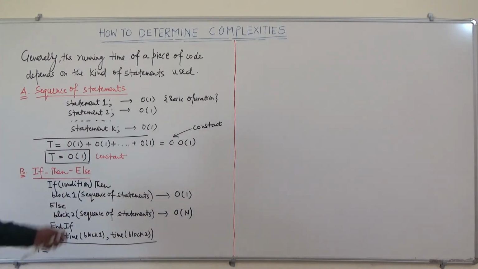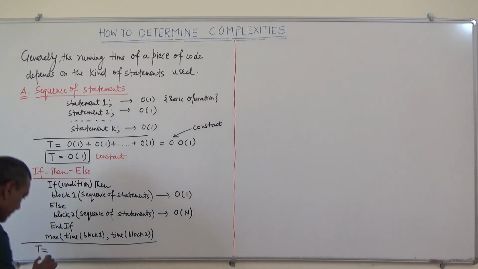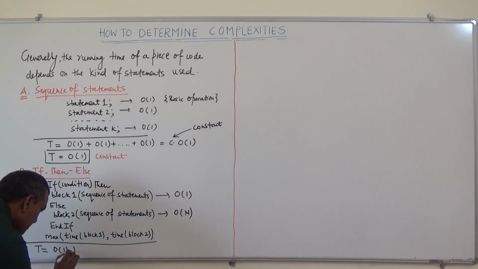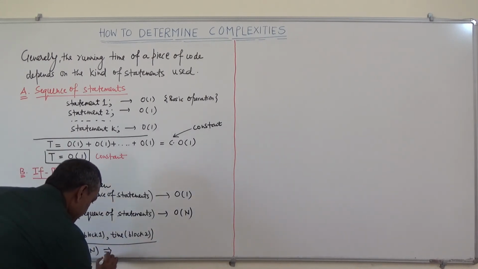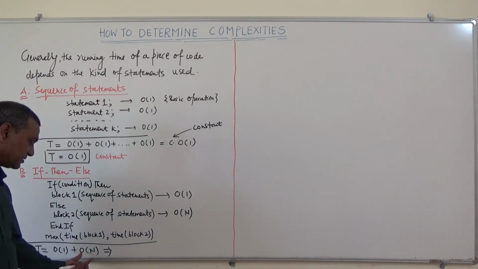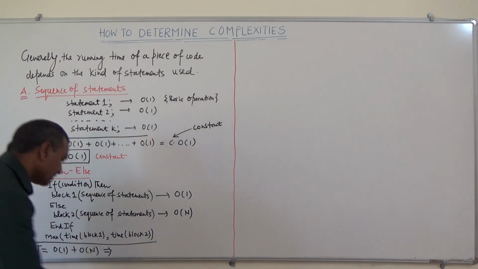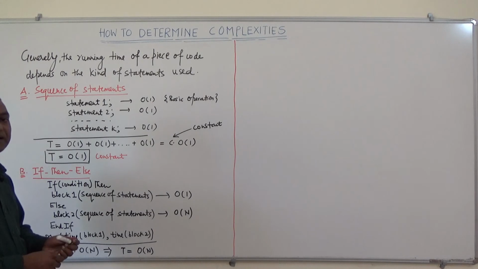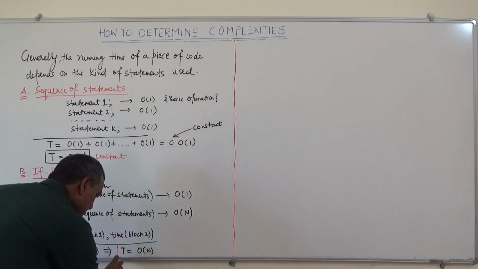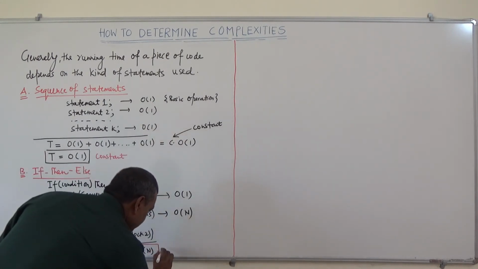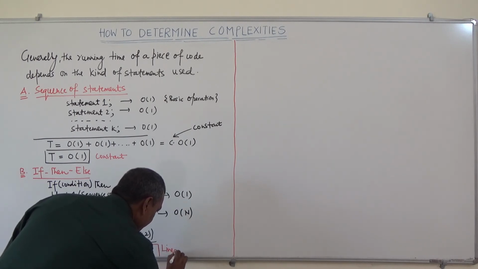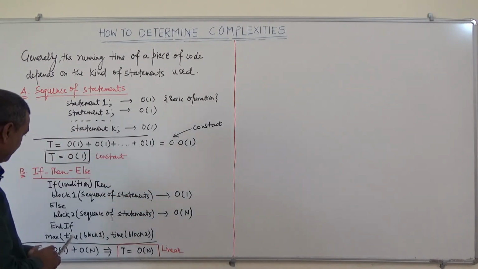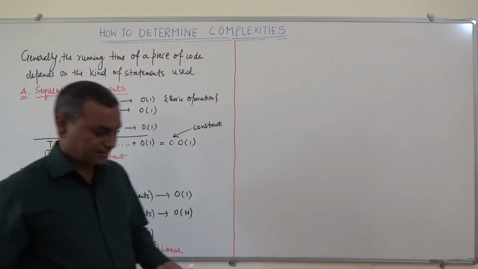Now the total time will be order of 1 plus order of n, and as we know the order of n term will dominate, so the total time will be order of n, and this is linear. So this is the second case.